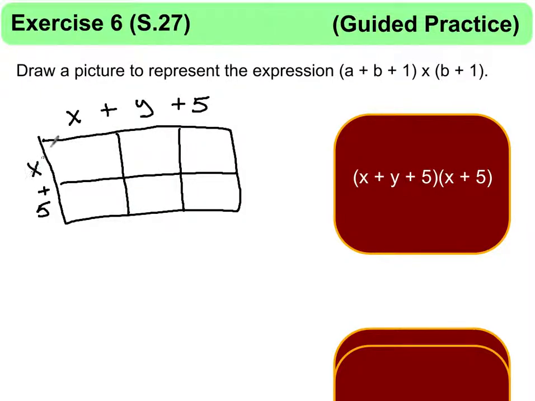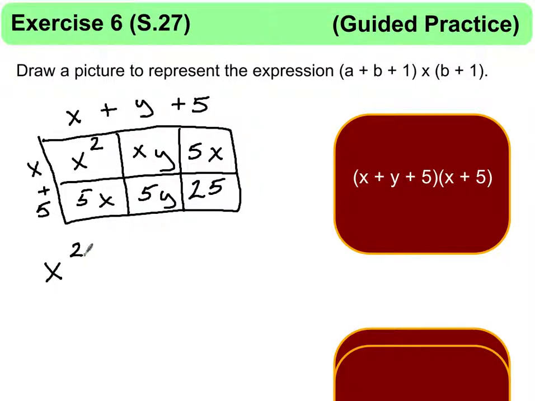So when we fill it out, x times x is x squared, x times y is xy, x times 5 is 5x, 5 times x is another 5x, 5 times y is 5y, and 5 times 5 is 25.